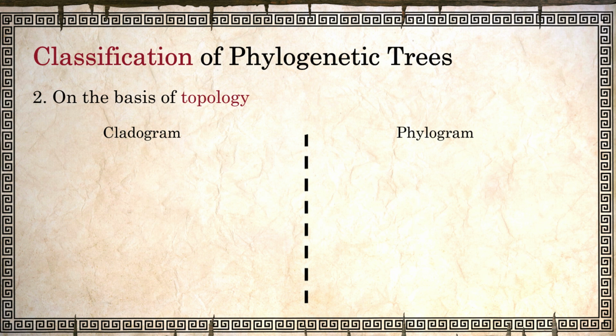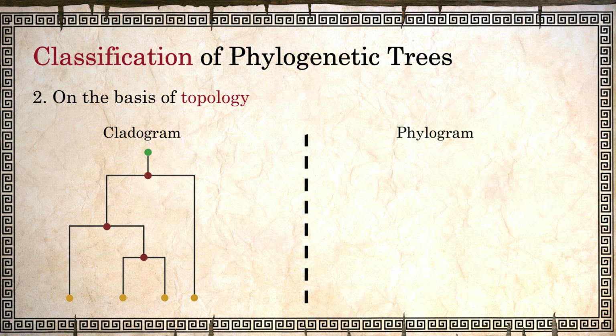Let us just see what a cladogram looks like. The following illustration is of a cladogram. The lines highlighted here in green are the branches and the nodes are highlighted in red. The cladogram just represents the branching pattern of the evolutionary relationships among the organisms.